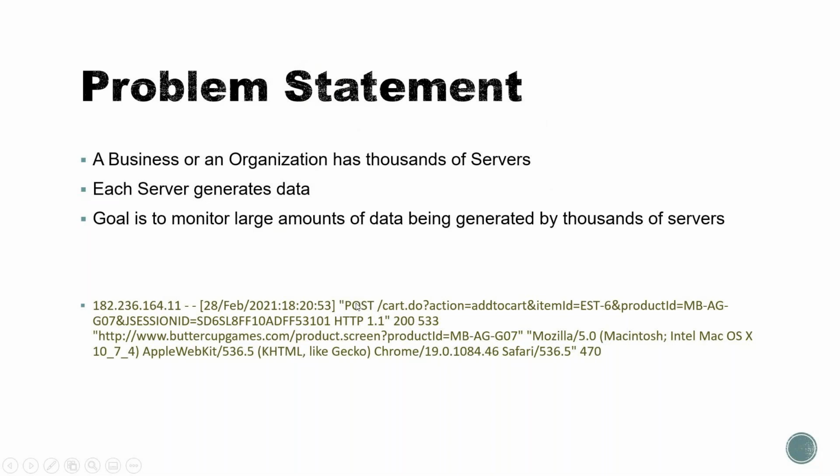Here, by seeing the log, I am able to see the action is equal to add to cart, meaning I am adding some item to the cart. And what is that item? It can be a mobile phone or whatever. And what is the product ID, and what is the session ID?